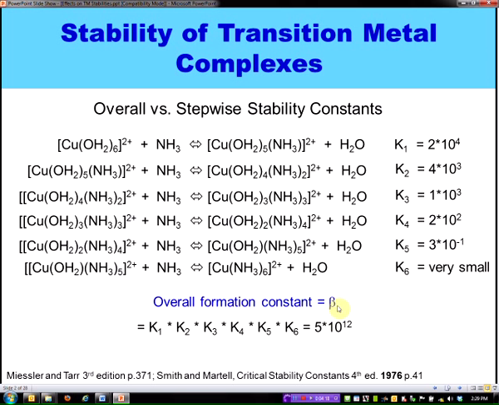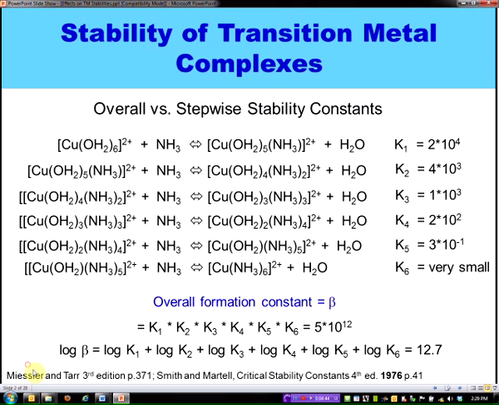So the overall formation constant for this series is 5 times 10 to the 12th. And remember, if we were to add up all of these reactions to get the overall reaction, we have to multiply the K values. So this is how we get this beta value of 5 times 10 to the 12th. So this, remember, represents the equilibrium constant associated with the overall reaction.